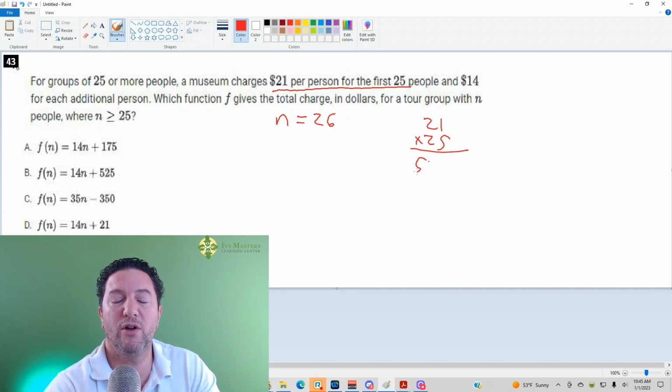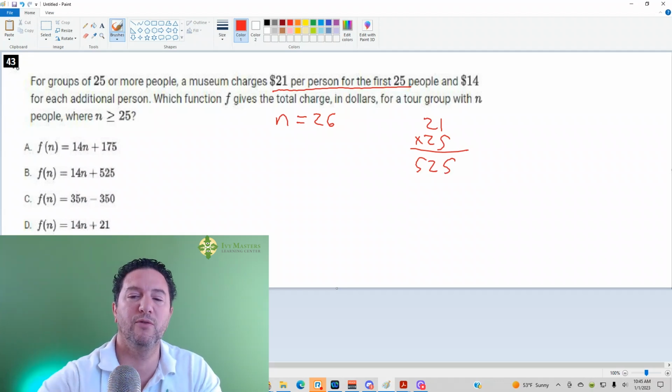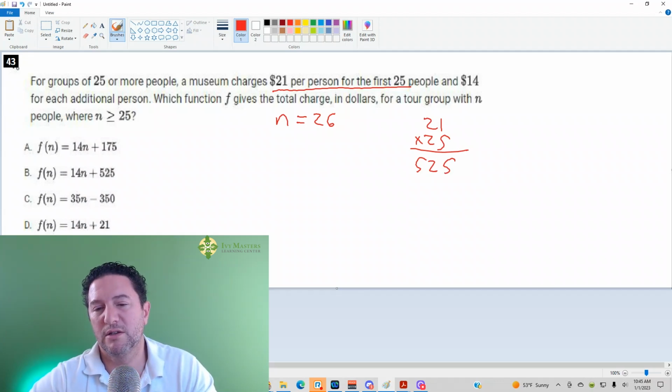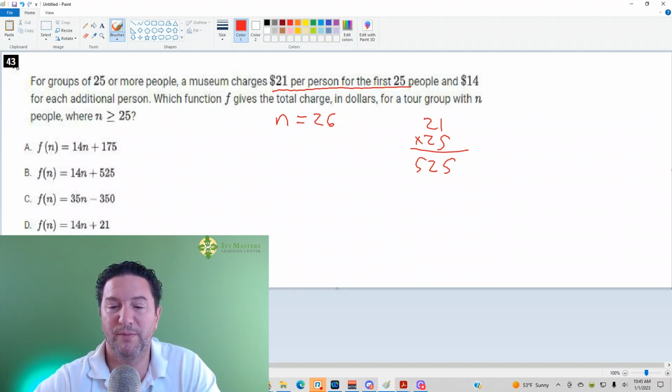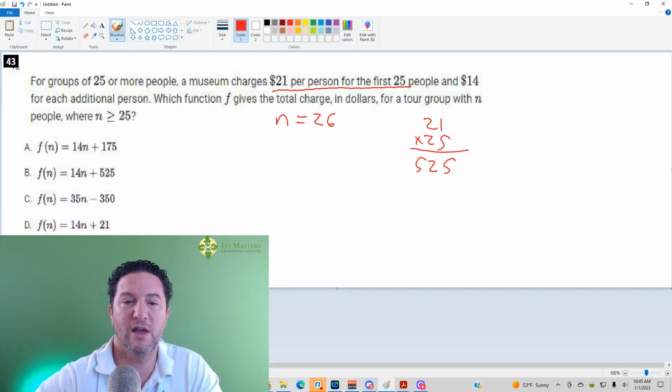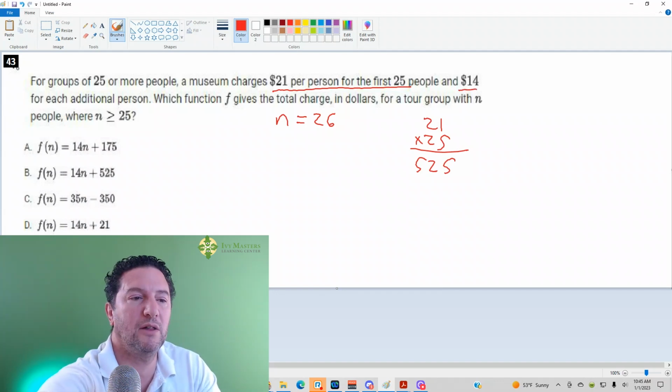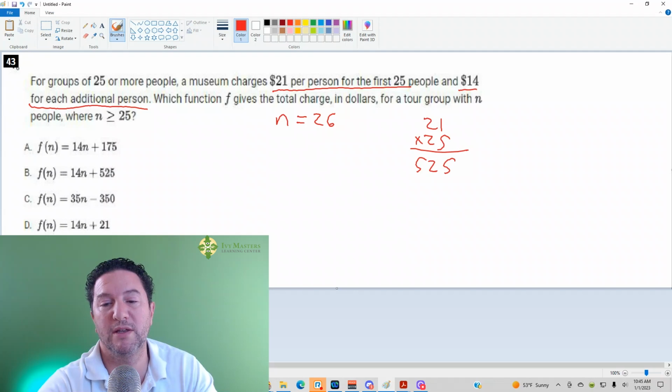You'd have $5.25, and then you have to move the decimal twice because it's not 0.25, it's 25. So 525. And then it says it's $14 for each additional person. We've got one additional person if we've got 26 people. So we add that 14, and we wind up with 539.